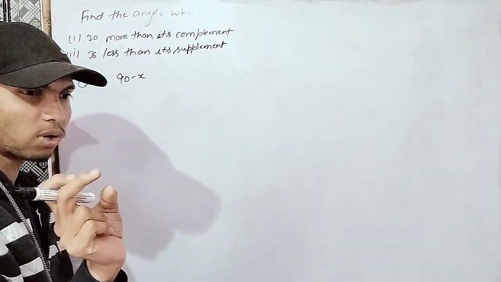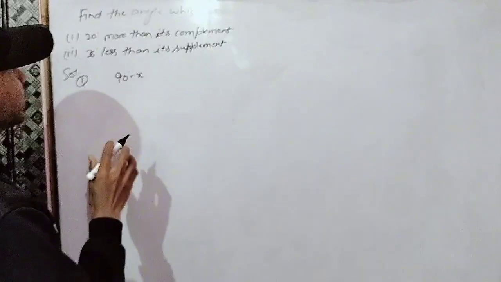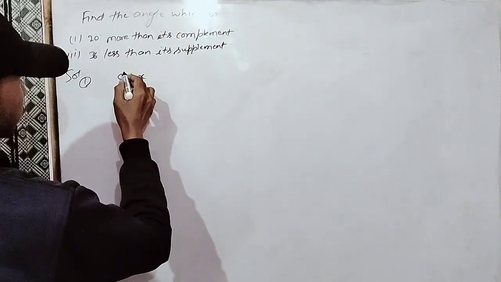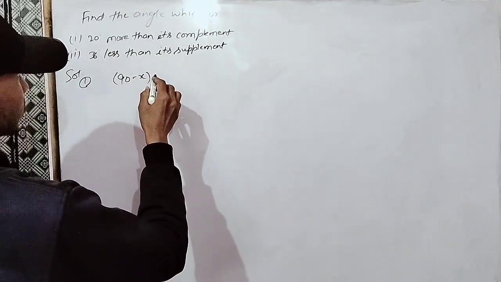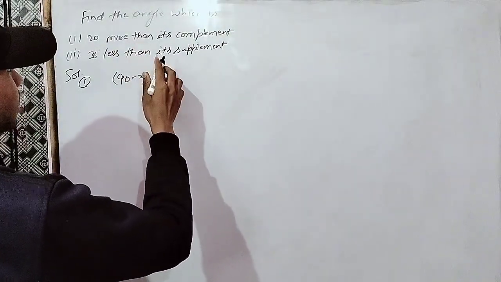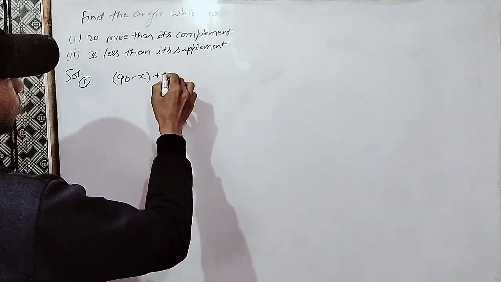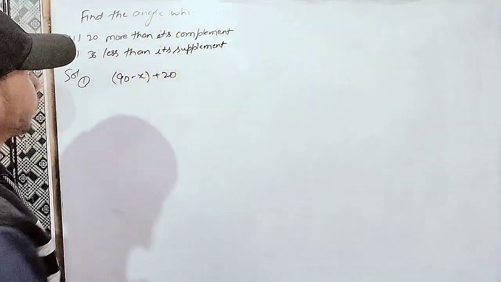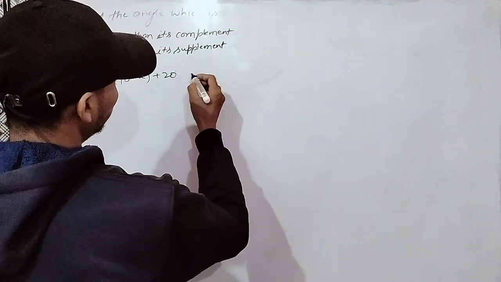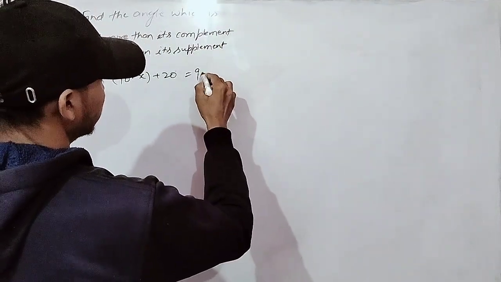So this is the first value of a complementary angle. Okay, this is the first. Now the second is this. It is saying how much more, 20. Now first this, and this is the value of the second angle. It is saying 90. Did you understand till here?